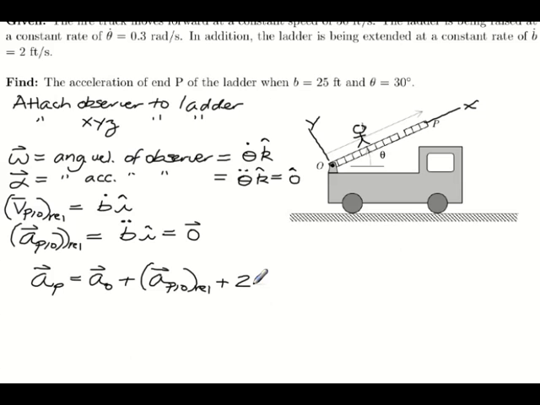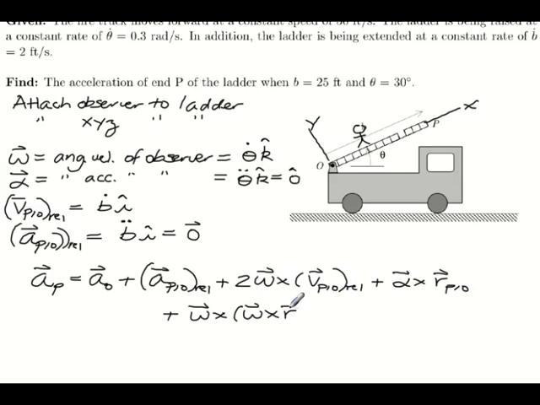We have a 2 omega cross V_rel term. We have an alpha vector crossed with r_P with respect to O, plus omega cross omega cross r_P with respect to O.